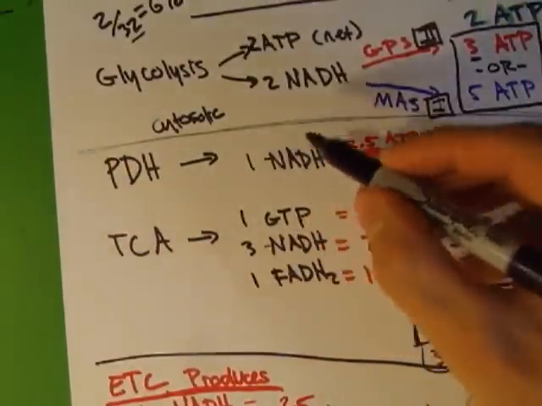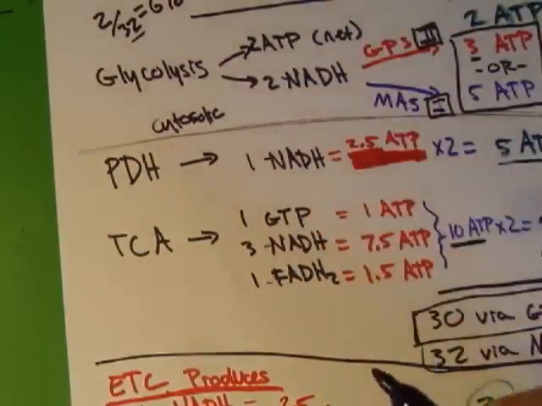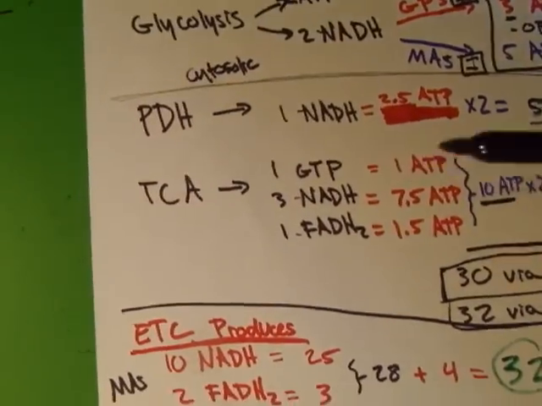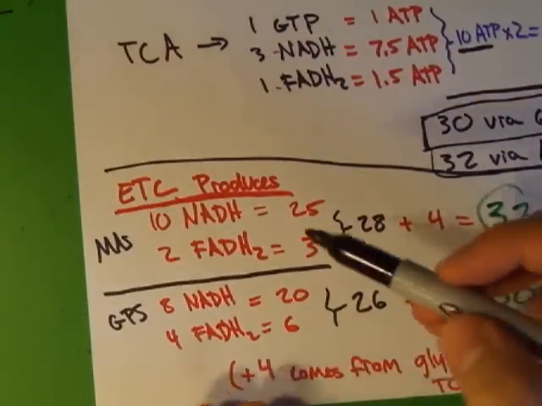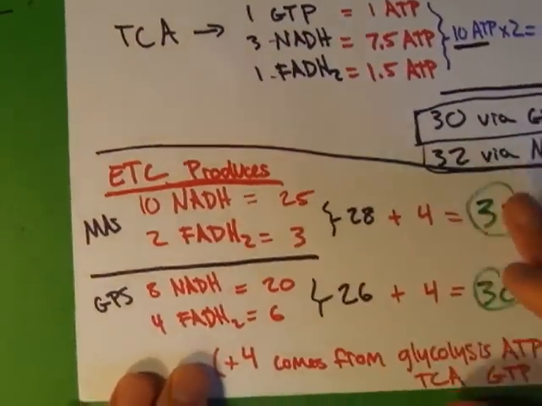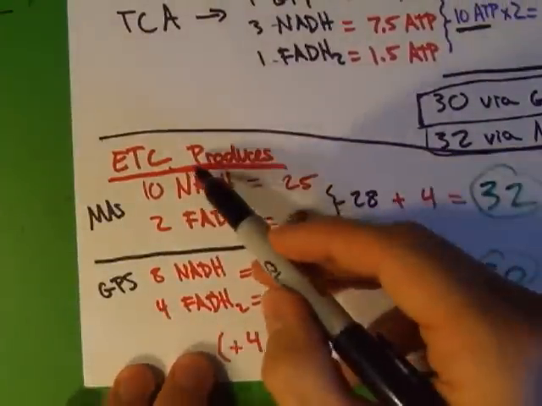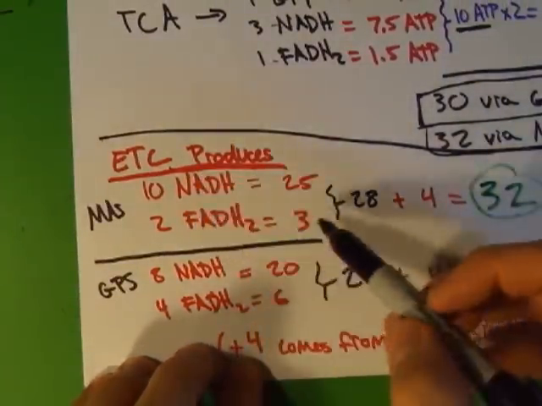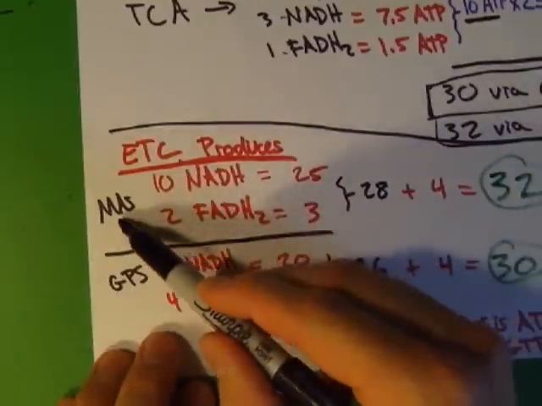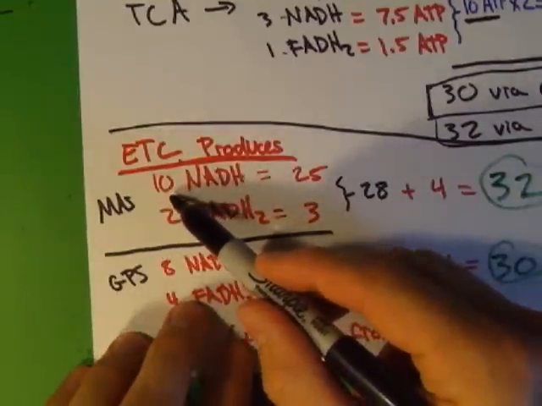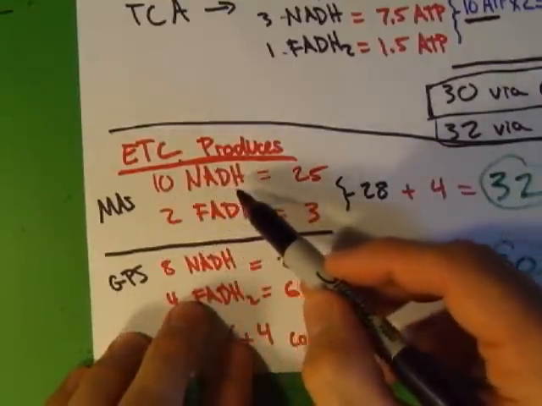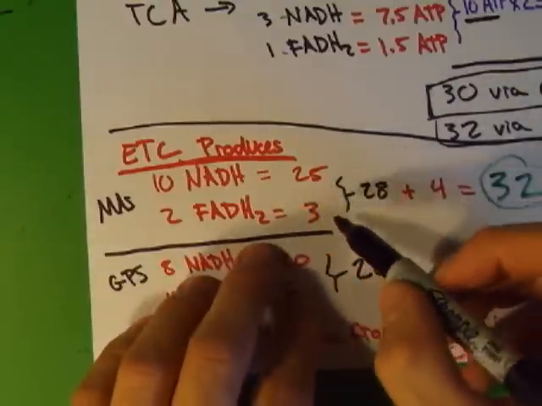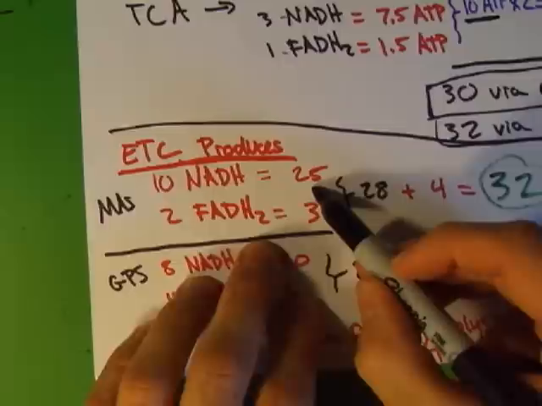All of these NADHs here and the FADH2 are eventually all processed by the electron transport chain. So the electron transport chain is not producing any of these, but it's processing them to make the ATP. So if you go through the MAS shuttle, you're going to have 10 NADHs, totaling 25 ATP.